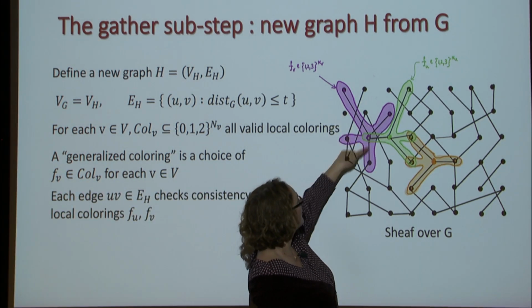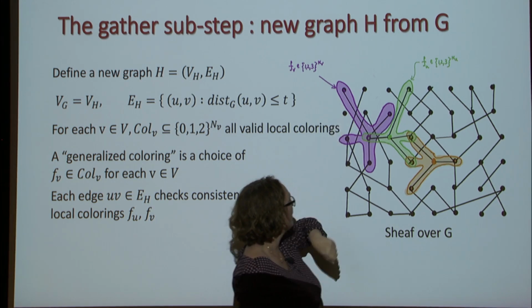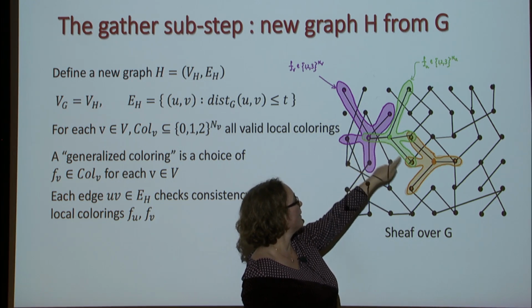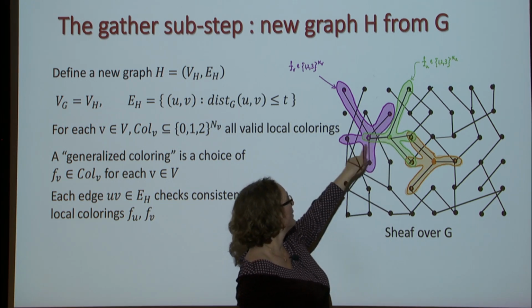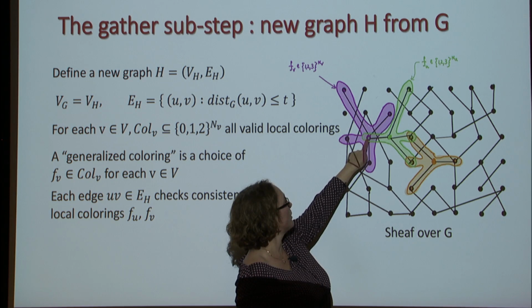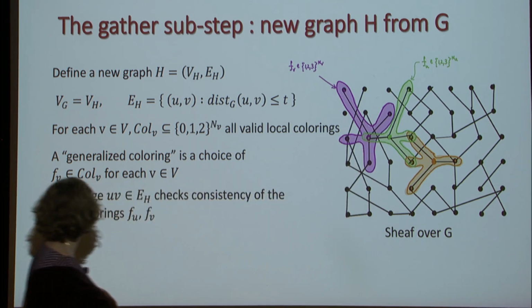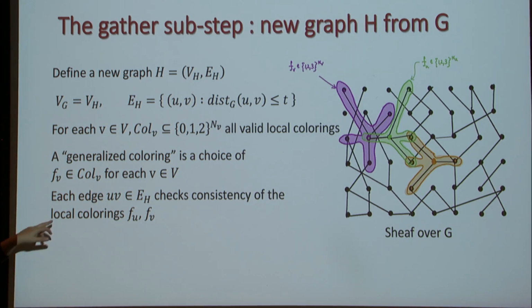It tells you the colors of all of these vertices. Okay, and you also get a local coloring for this neighborhood. So you get, again, the colors of all of these vertices. Now this vertex appears in both, so it must get the same color. Okay, so this is what it means for these local colorings to be consistent. So it's like a little sheaf over the graph G.